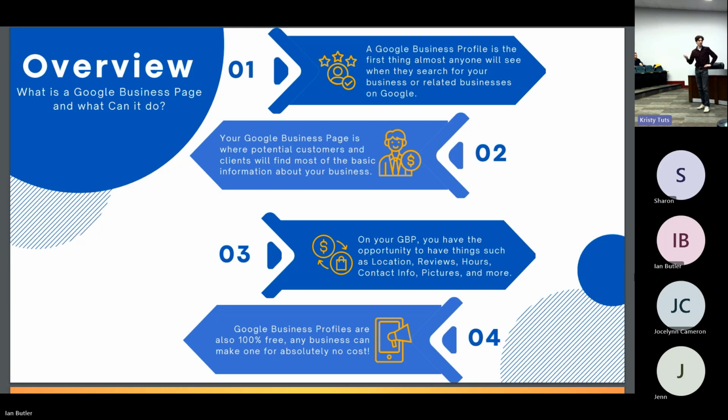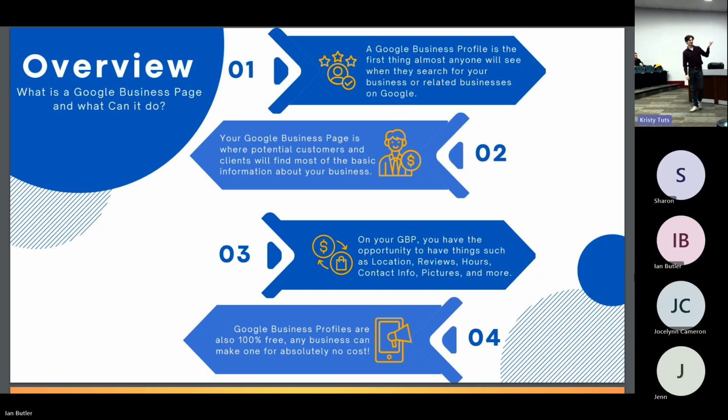If you go onto Google and type in a business name, or type in cabs near me or pizza near me, on the desktop it's usually a thing that pops up on the right-hand side with the business and all their information. And on your phone, it's usually the thing that takes up the center of your screen. It's that thing where you have the reviews, the pictures, and all the information about the business. That's a Google business profile.